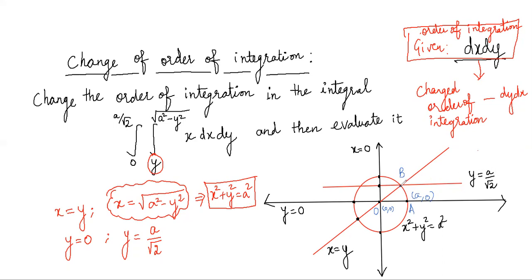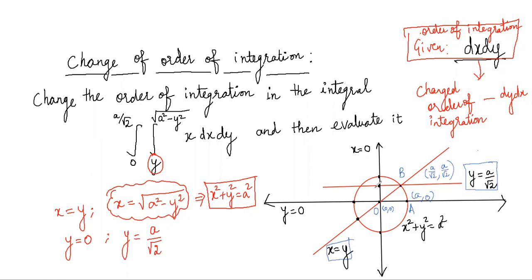And since it is the point of intersection of line y equal to A by root 2 and x equal to y, when we solve these two equations, we get that the point B is A by root 2, A by root 2.